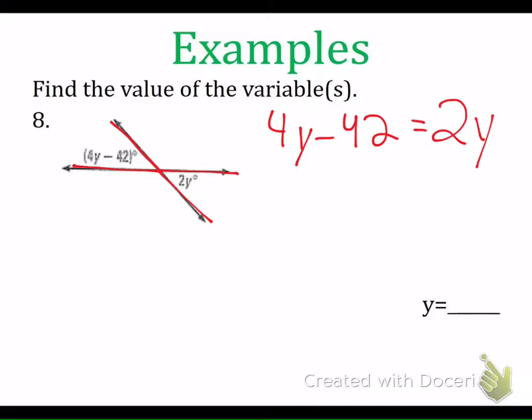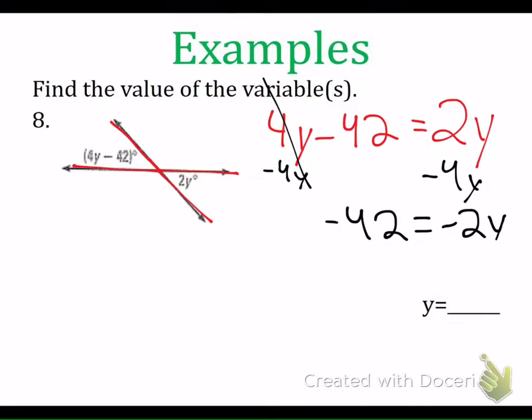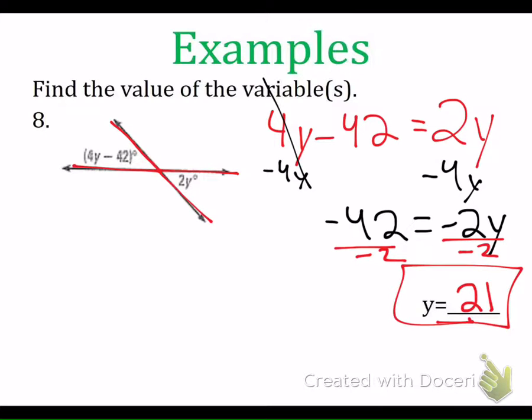Subtract the 4y. Good. Okay, then what? Divide by 2. And y equals 21 was correct. Any questions?